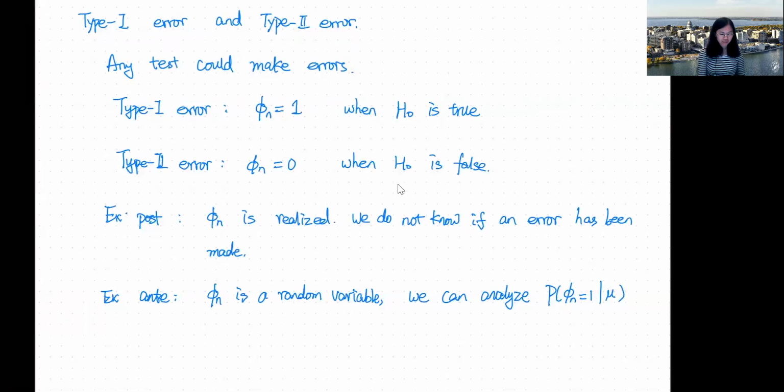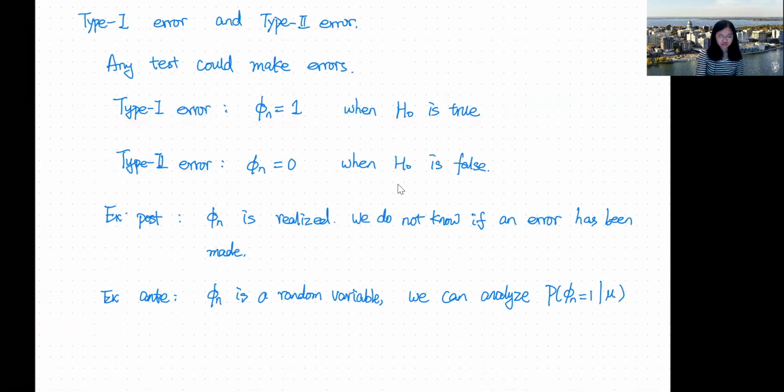And there are two types of errors, the type 1 error and the type 2 error. What is the type 1 error? Type 1 error is an error that you make when the null hypothesis is true. Because when the null hypothesis is true, and if you determine not to reject it, then you are not making an error. And only when you reject the null hypothesis, when H naught is true, you are making an error. So when H naught is true, but you reject it, then you are making an error, and that error is called the type 1 error.